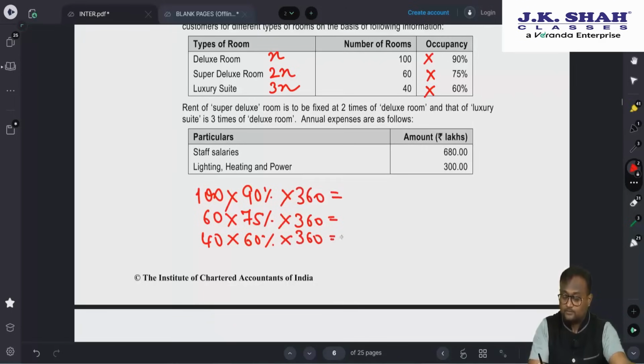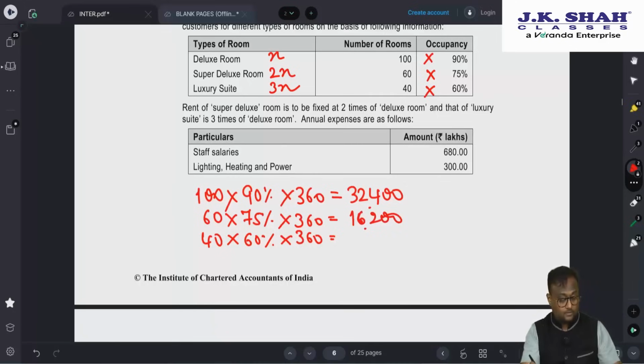That's my room days. 32,400 room days, 16,200 room days, 8640 room days. The advantage of this is that later on, for deciding the amount to be charged to the customer, you need room days any which way.